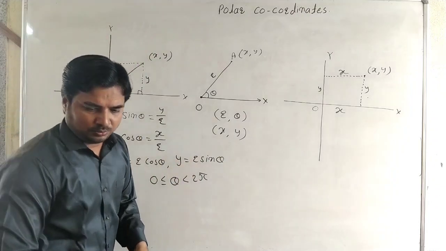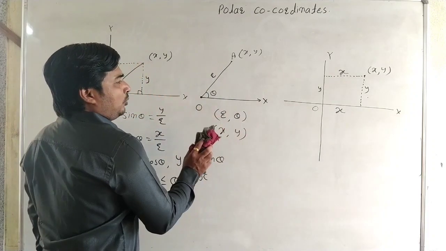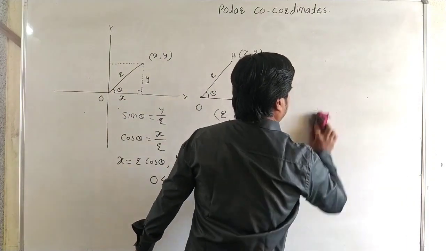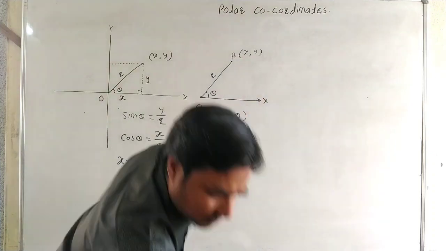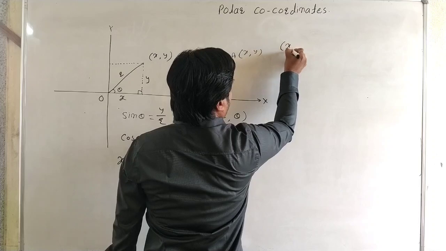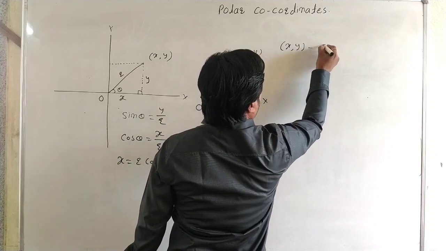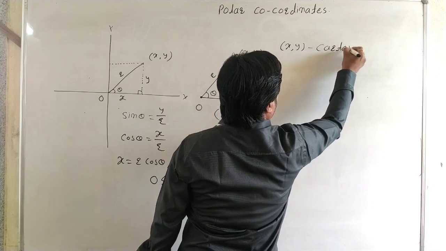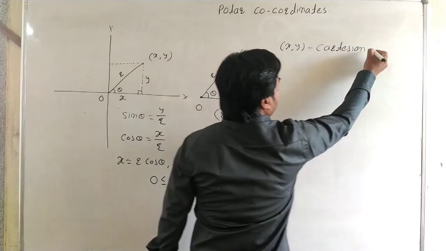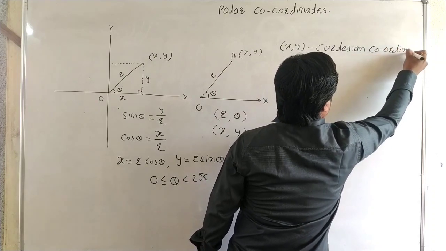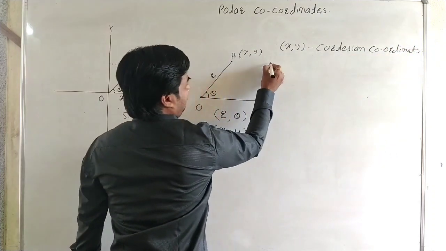See carefully. Now any point, here x comma y are the Cartesian coordinates of any point.